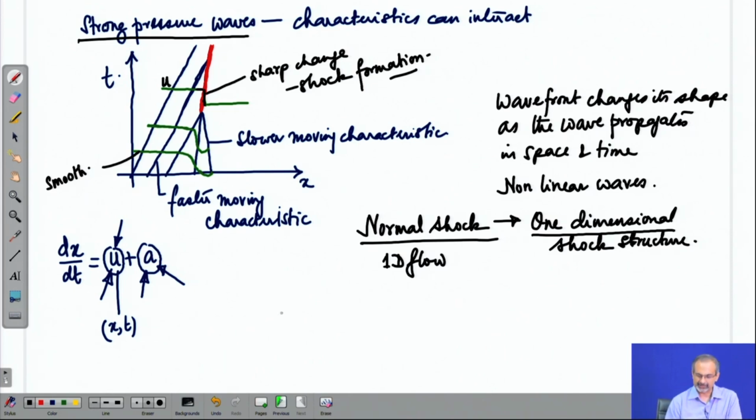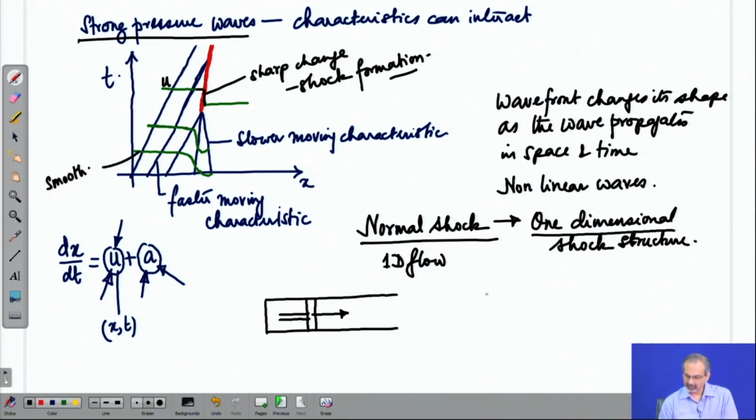Where can normal shocks occur? If we try to answer that question, let us imagine a cylinder with a piston and air ahead of the piston, and then you are moving the piston very rapidly towards the right. If the compression is really very huge ahead of the piston, that can lead to shock formation. If you have a supersonic flow approaching a flat surface, there could be a shock formation ahead of the flat surface.